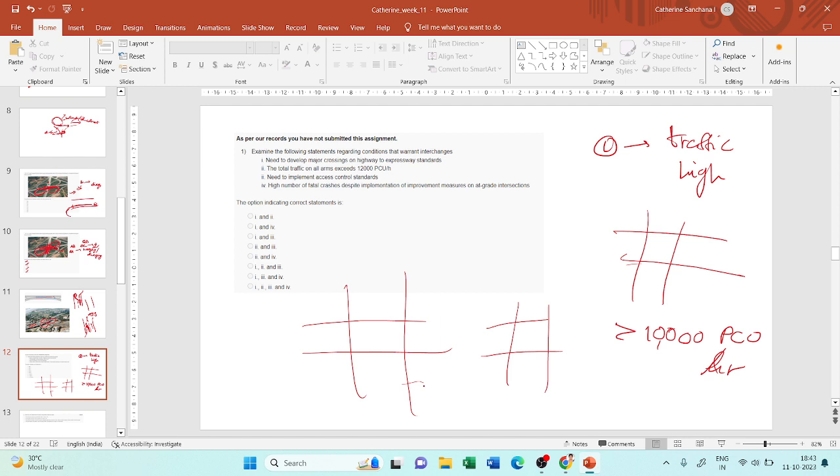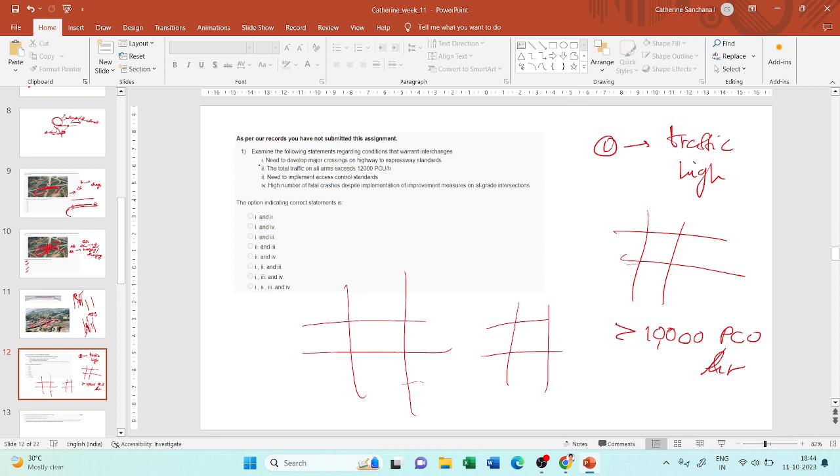So based on the points which I collected from sir's slides and explained to you, we will see what will be the solution for this question. Should it be developed because of major crossings on highway to expressway standards?